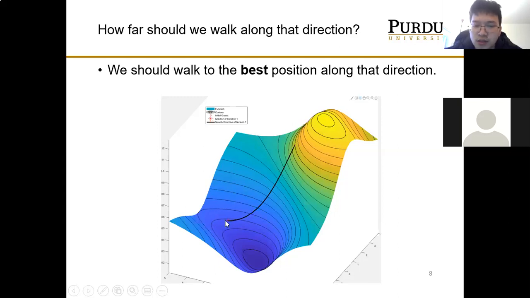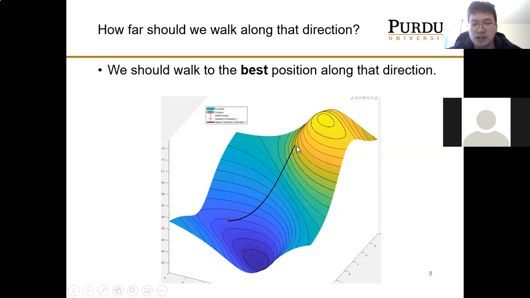That's something we don't want. So we want to follow this direction but stop at this point, because if we continue to move, then our height will increase. That's not good, right? So this position would be the best position along this direction. That's the idea of how far we should walk.